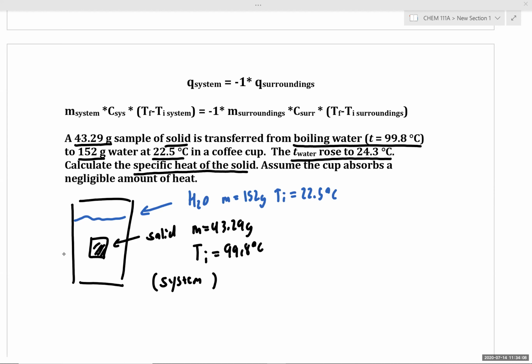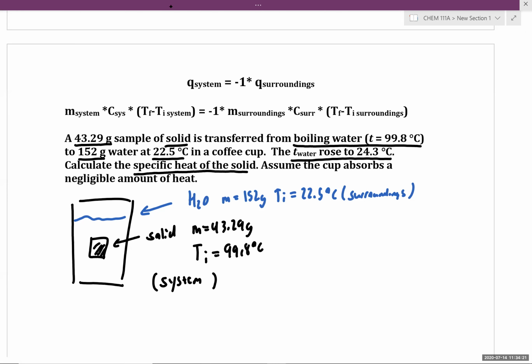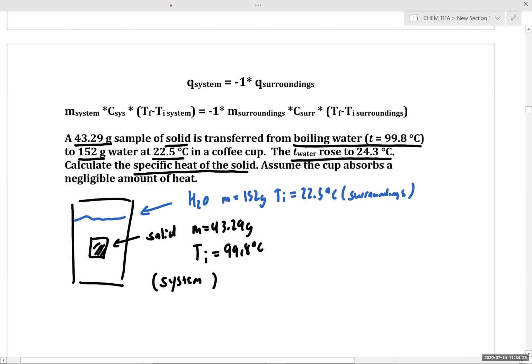Water, exactly. So we're going to designate the water as our surroundings. It is the principal component that is exchanging heat with our system. Okay, so now that we have our system and surroundings defined, our solid is at a higher temperature, so it's going to release heat into our surroundings.